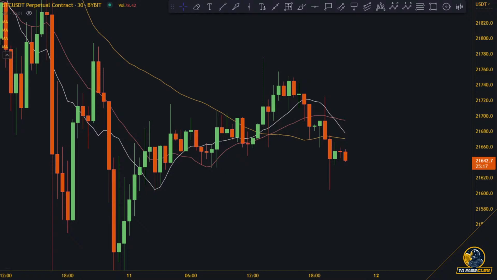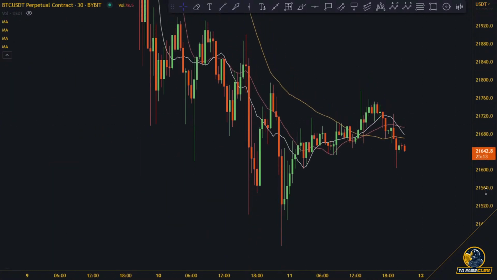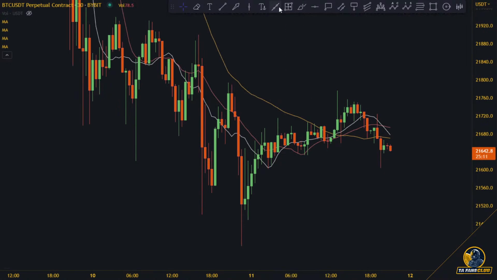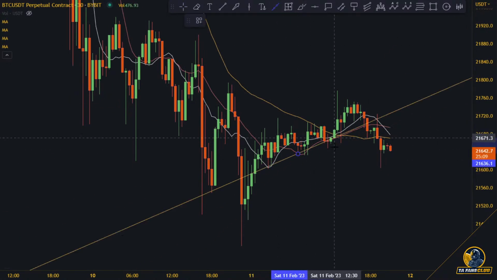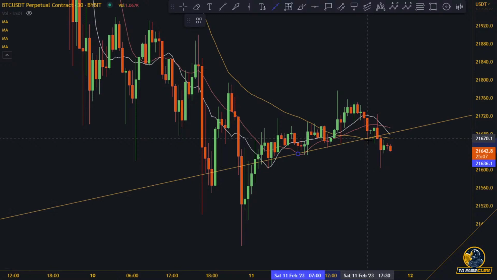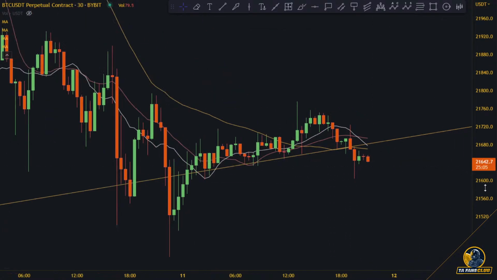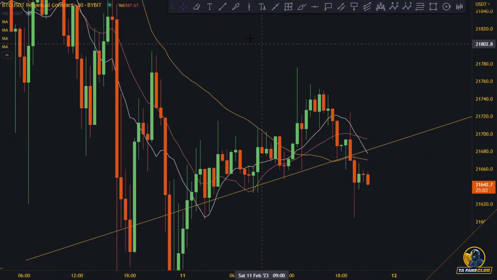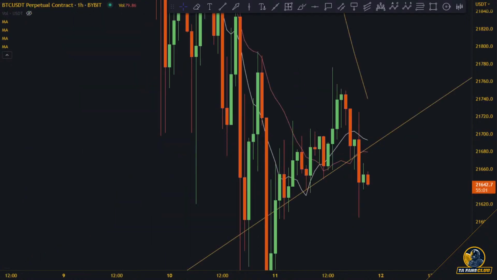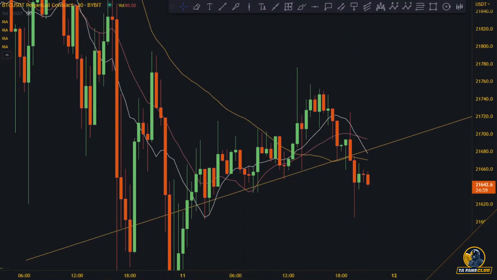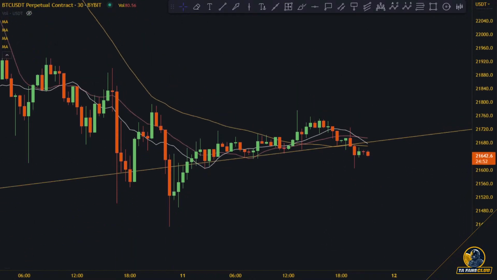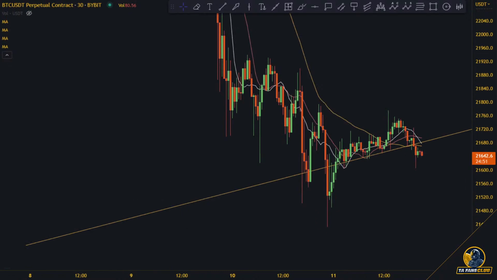If Bitcoin pumps now, alts will go crazy. Yeah, but it won't pump. It won't pump. That's the problem. And this is a failure up here. I don't think I want to long or short Bitcoin, because Bitcoin is not volatile enough.